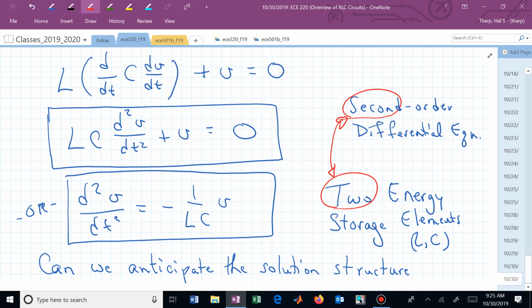Generically, I'm saying they wouldn't combine into an effective capacitor. Two of those capacitors might lump into one, but generically that wouldn't happen. If you had two inductors and one capacitor, you would be expecting a third order circuit. If you had 5 energy storage elements, generically you would be expecting a fifth order circuit.